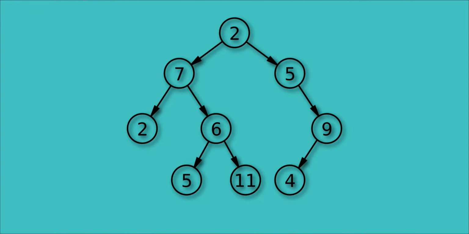At the next point, our queue would have level 2 elements only, which are 7 and 5. And after exploring children of 7 and 5, our queue will contain only elements of level 3, which are 2, 6 and 9. And after that, our queue would contain only elements of level 4, which are 5, 11 and 4. So this is what we will be storing in our queue.